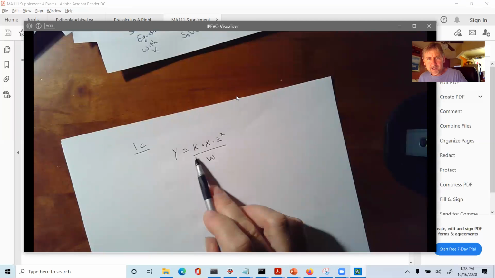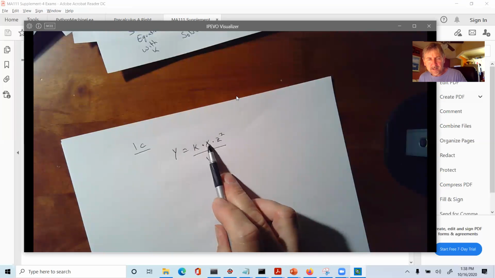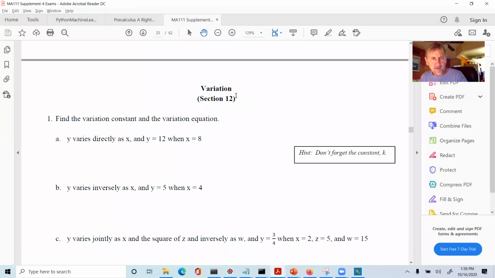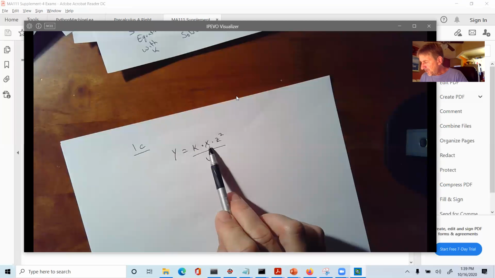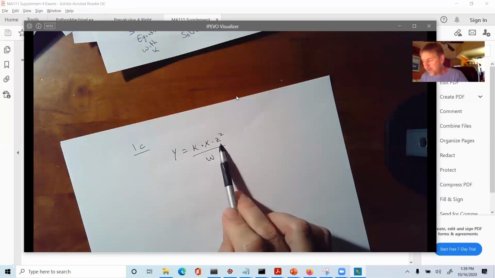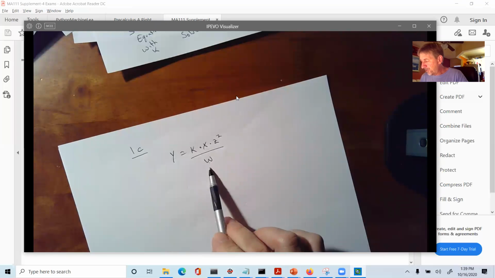So that's y equals k times x times z squared, over w. Because it varied jointly with x and z squared, and the square of z is z squared. So y varies jointly as x and the square of z, and inversely with w.